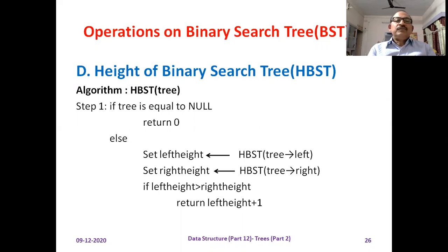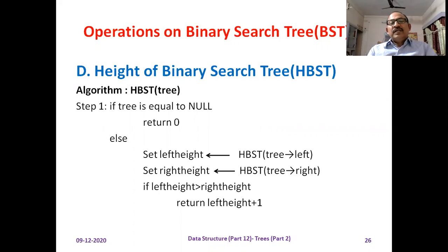Now, come to the point. Suppose we want to determine the height of a binary search tree. Step 1: if tree is equal to null, what is the height of the tree? 0, return 0. Else, set left height equal to HBST, we again call the recursive function with parameter tree left.